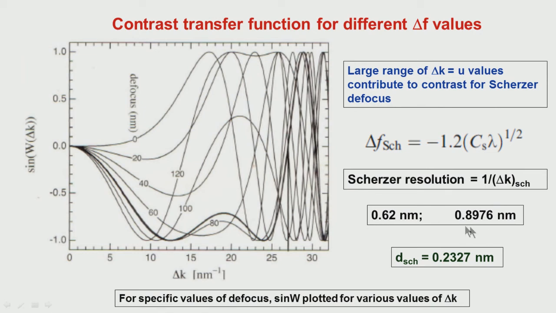Okay. This we can calculate for the microscope which we have, because this is the range over which the delta k value changes, and the Scherzer defocus, this is 0.2327 nanometer. This is another resolution. Okay.